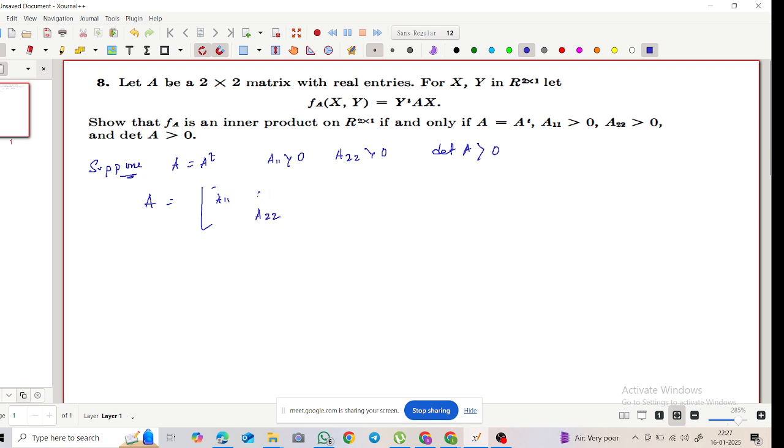I am putting just some constant here, since they are equal, the symmetric matrix. Let's see whether this is an inner product or not.